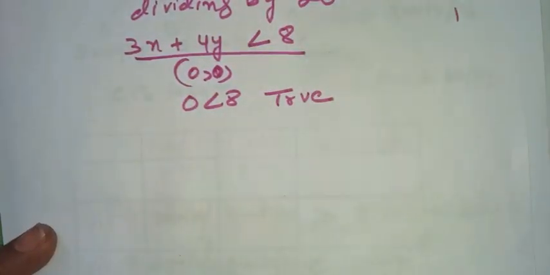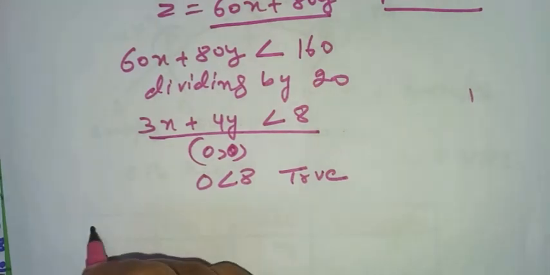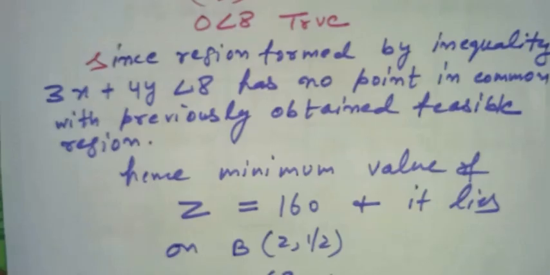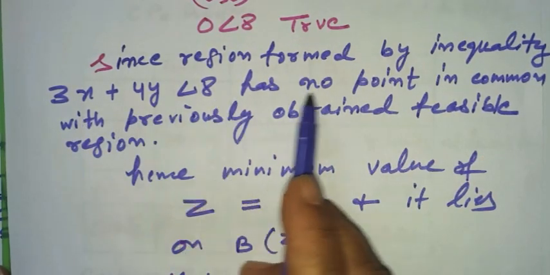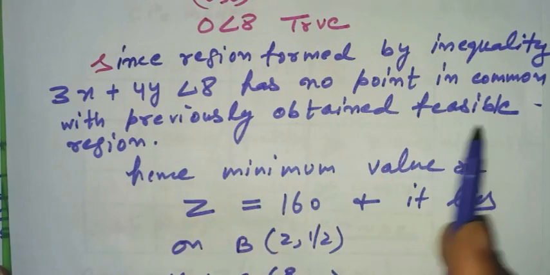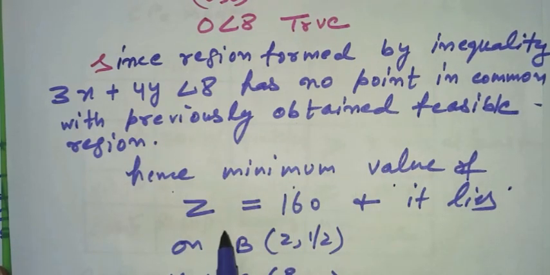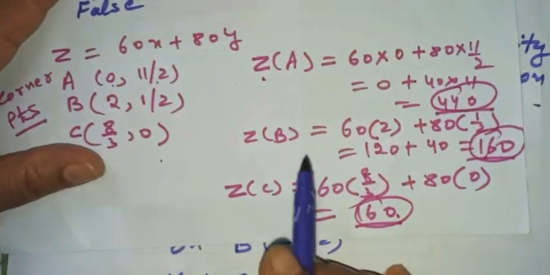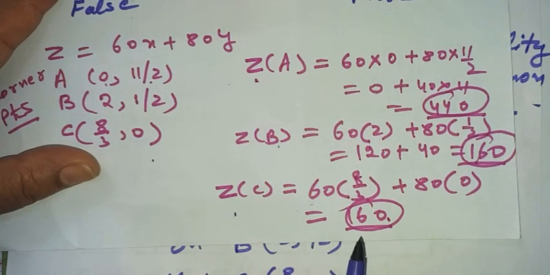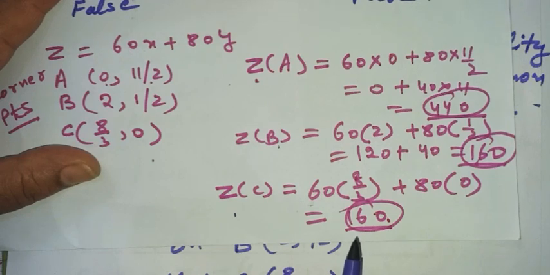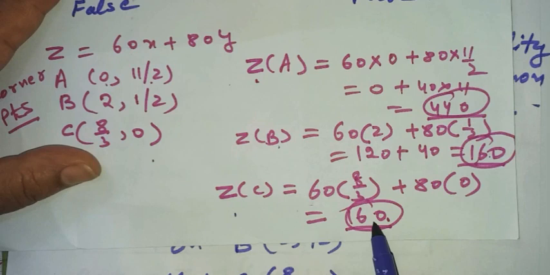So we can say that since the region formed by inequality 3x plus 4y less than 8 has no point in common with the previously obtained feasible region, hence the minimum value of Z is whatever was the minimum value obtained by substituting the corner points A, B, C in Z. Whenever the new region has no point in common with the previously obtained region, then whichever is the minimum or maximum value remains the minimum or maximum value of the objective function.